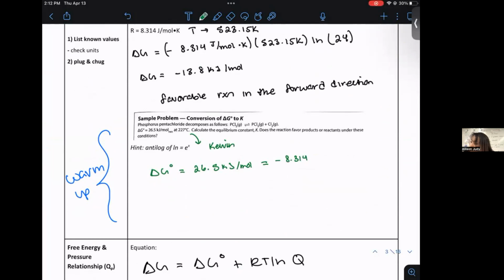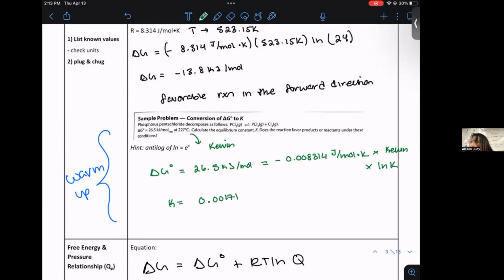This is in joules, so you'd actually want to convert this to kilojoules to make it match. So 0.008314 kilojoules per mole Kelvin, times 227 plus 298, whatever that is, your temperature in Kelvin, and then times ln of K. And you would have solved for K.